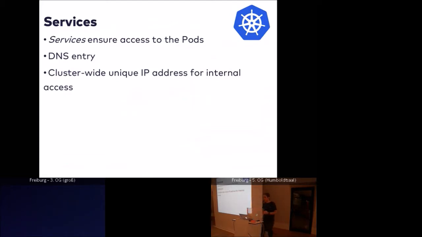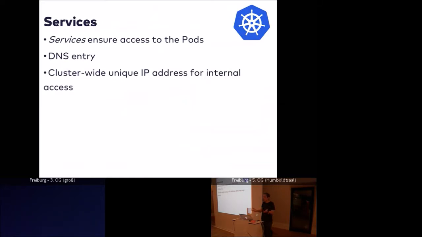Not for the pod. This is somewhat weird because you would think that each pod has its own IP address, right? I mean, that's what we're used to. But it turns out that Kubernetes does it differently, and if you have an IP address, that's actually for the service. So it might be more than 1 pod.